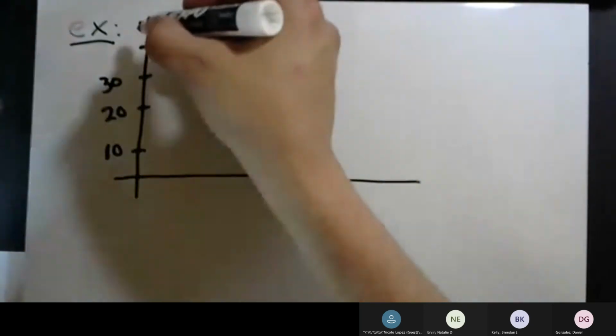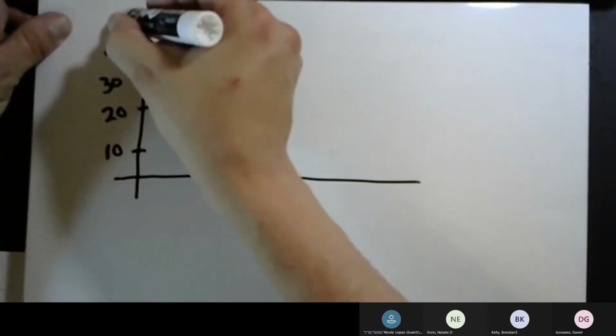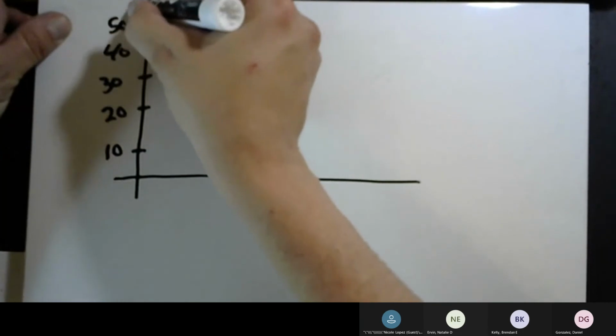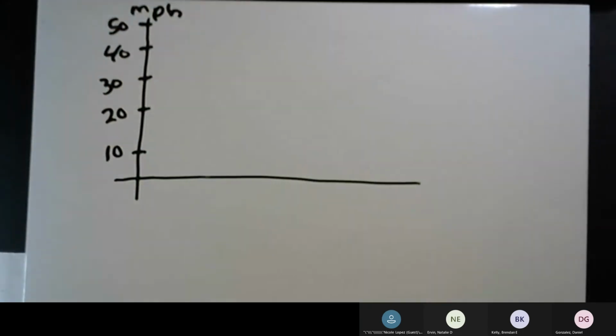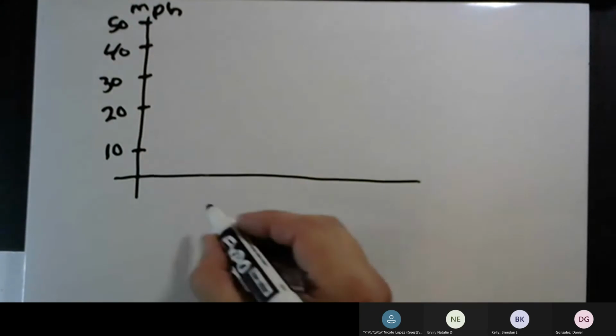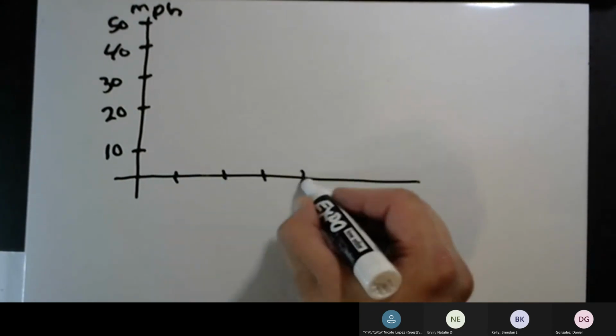And again, the vertical axis is miles per hour. And the horizontal axis is time.